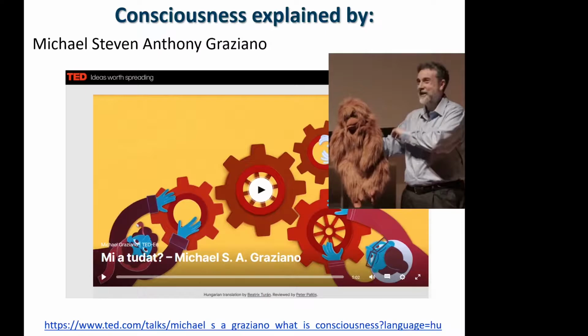And I'm giving you a video example here starring Michael Stephen Anthony Graziano, who is a professor of psychology and neuroscience at Princeton University. He's a remarkable speaker and an avid practitioner of ventriloquism and uses this puppet Kevin as a sidekick.